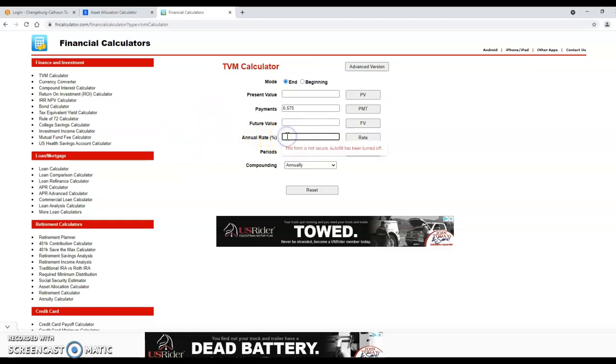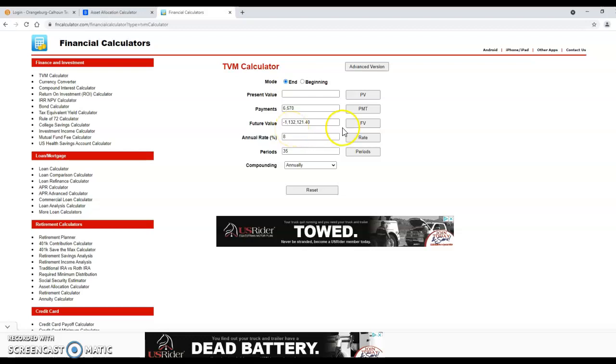The annual rate, it said, was 8% per year. From 32 years old to 67 years old, that's 35 years. So how much will we have when we're done? By the time we're 67, you hit this FV button, and that'll tell you.